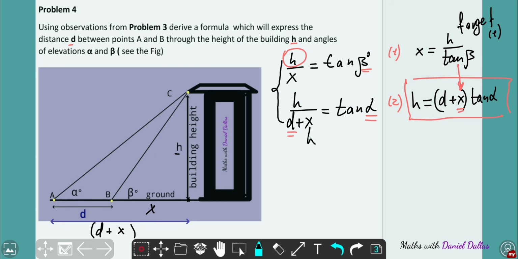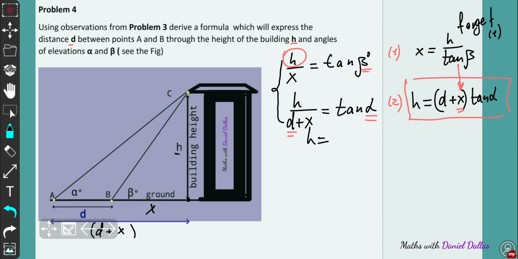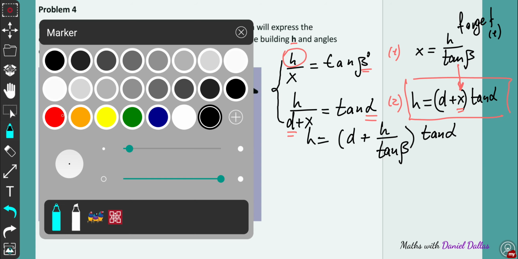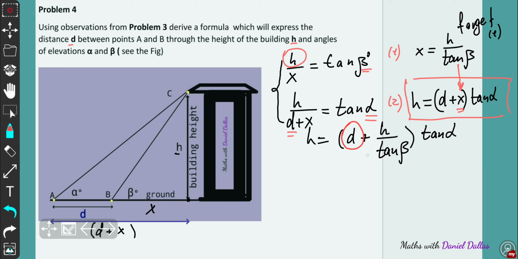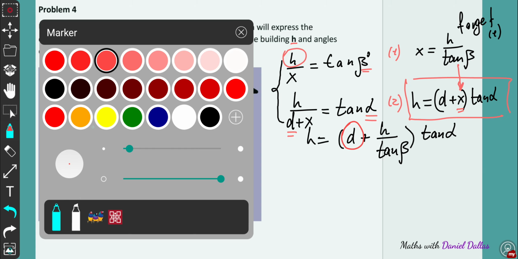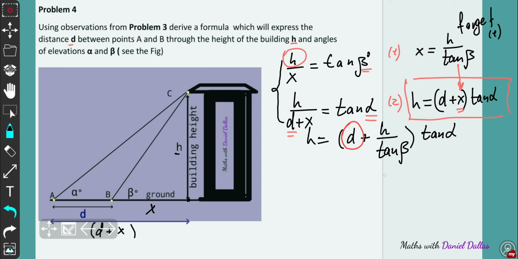All right, so let's plug it in, and we'll have the following. So H is going to be equal to D plus H over tangent beta, times tangent alpha. Okay, so we need to express D. First of all, let's express the whole bracket here.